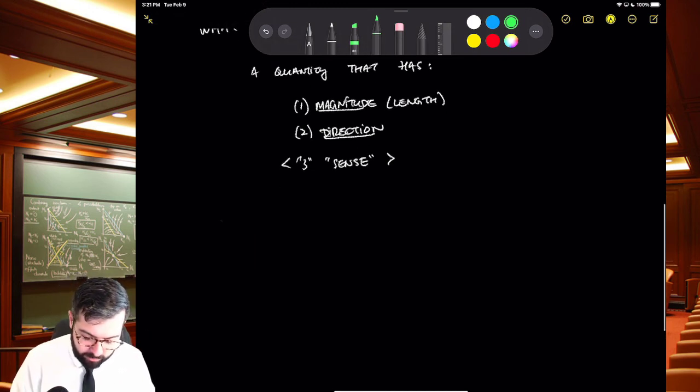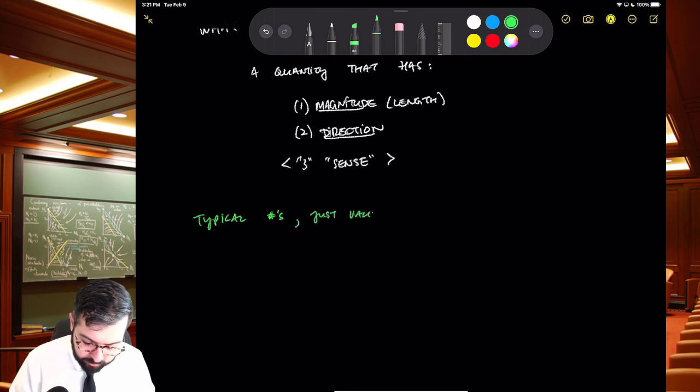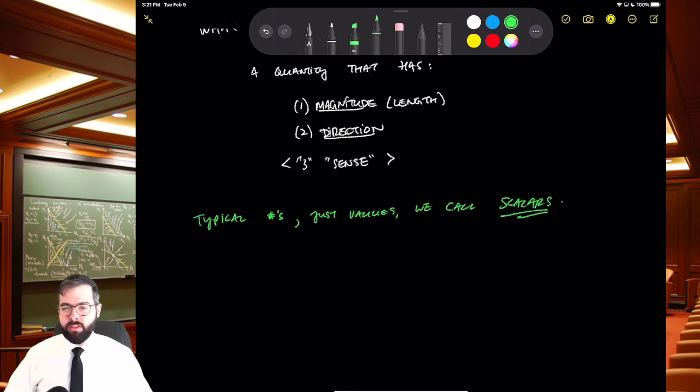So typical numbers, which you've worked with before, just values, we call scalars. And this turns out to be a not so trivial thing that we need to shake for ourselves, the notion that something's a scalar versus something being a vector.